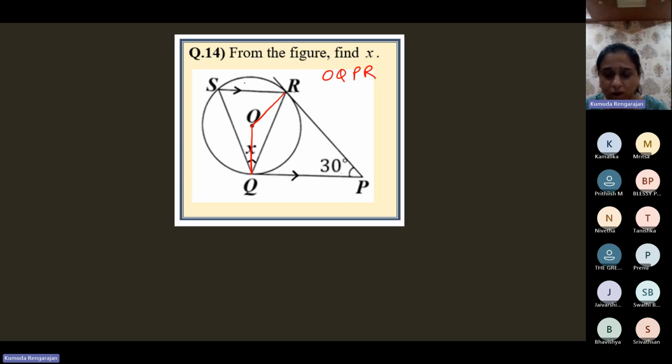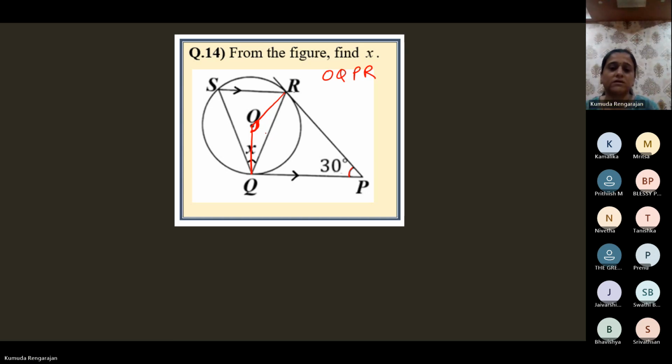Because we know such a quadrilateral, formed by the 2 tangents from the same external point and the line segments joining the points of contact to the center, is a cyclic quadrilateral. So if this is 30 degrees, this is 150 degrees.